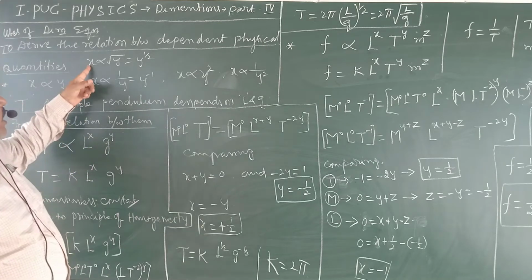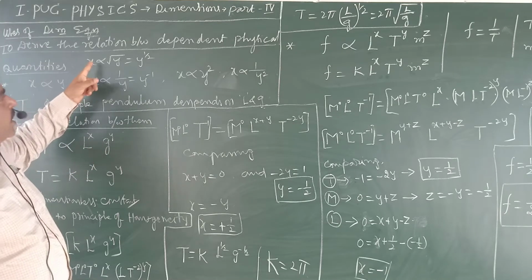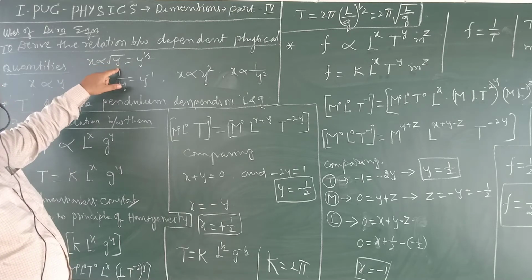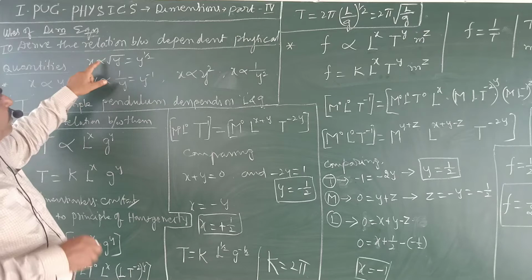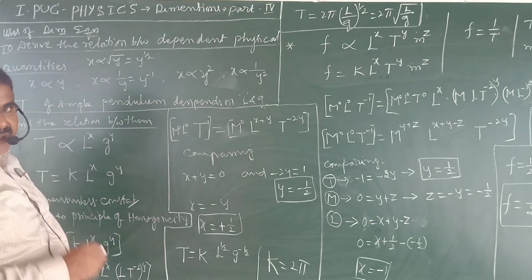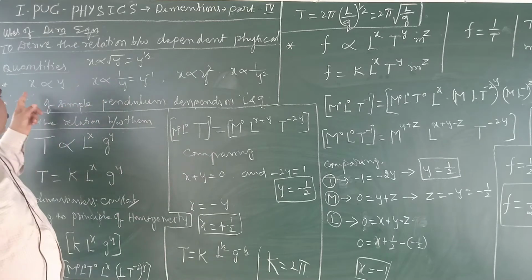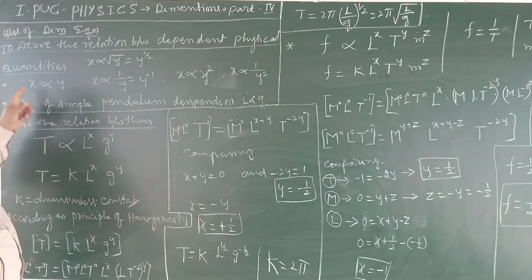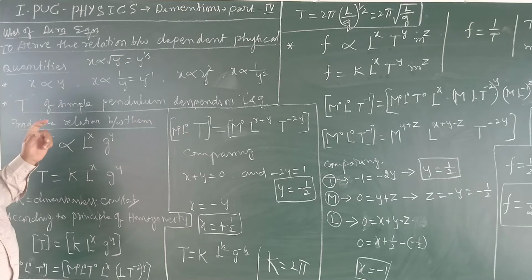A physical quantity x is directly proportional to the square root of another physical quantity y. We will write it like this, that is y power half. Here the dimension is half. In another equation, x is directly proportional to y.